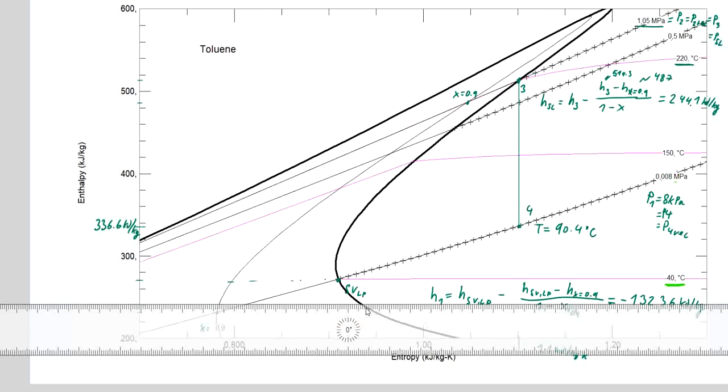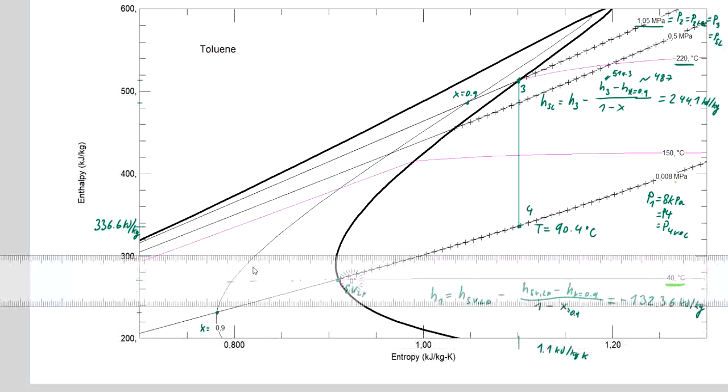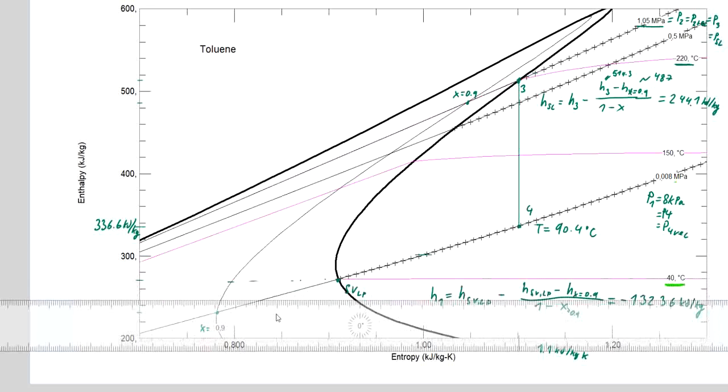Where we can guess where the temperature 65 would be over here. And the precise value is that it's about 301.6 kilojoules per kilogram.